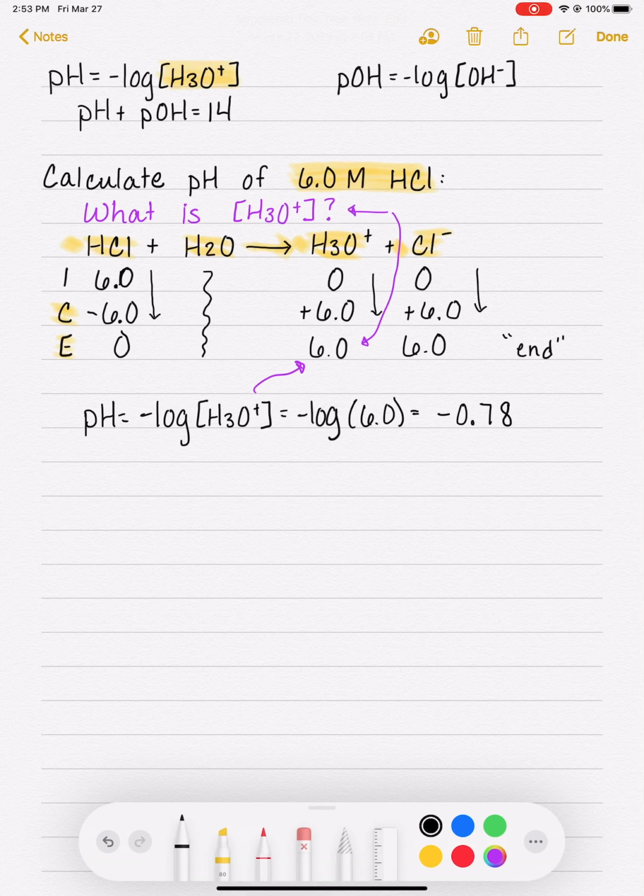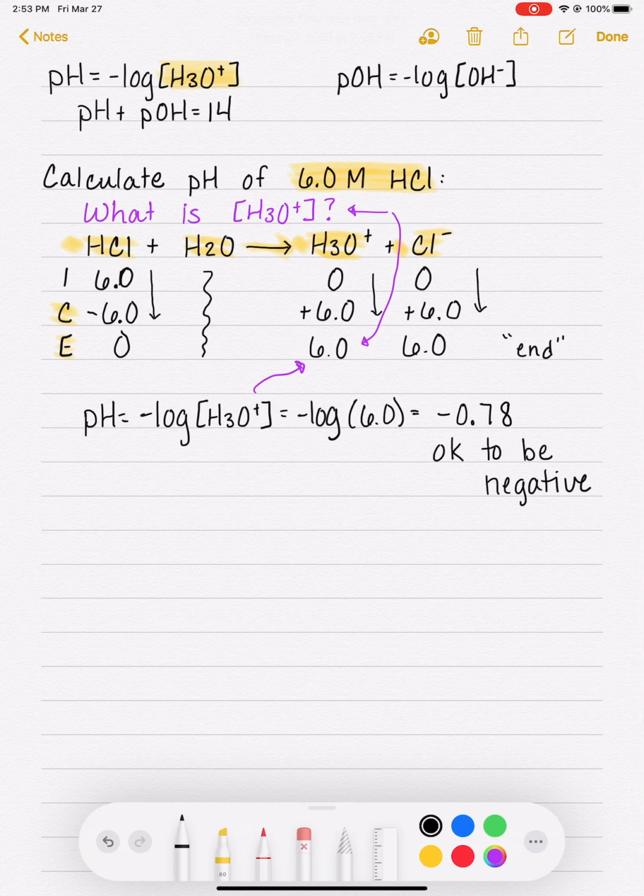And remember, that's okay. We're allowed to have a negative pH. There is no limit to the pH, so it is okay to be negative. It just means that this is a very acidic solution, with a very high concentration of H3O plus.